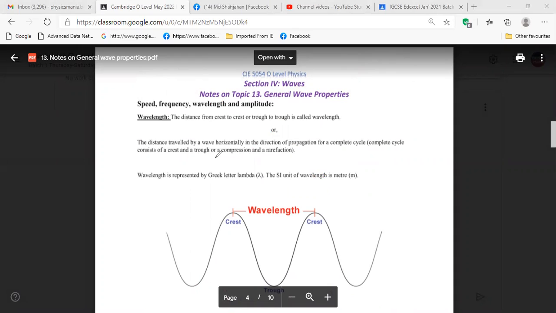I gave here two definitions, you write both the definitions. And also you write this: wavelength is represented by the Greek letter lambda. The SI unit of wavelength is meter. As this is very important and these definitions are coming in your exams, you have to learn them. You should write them and you should learn them.